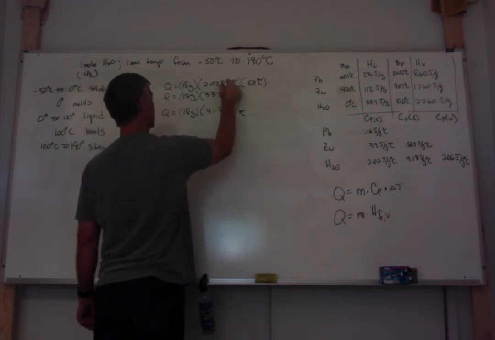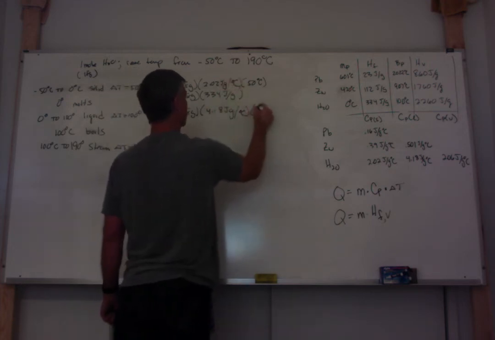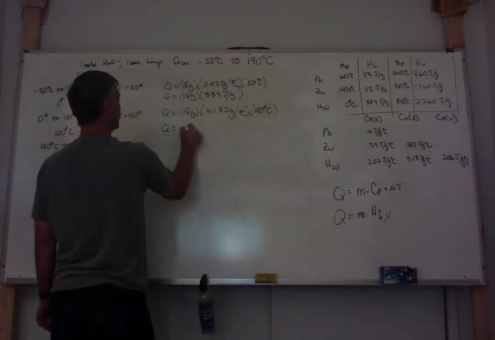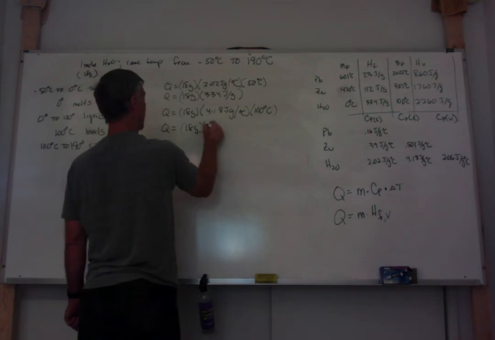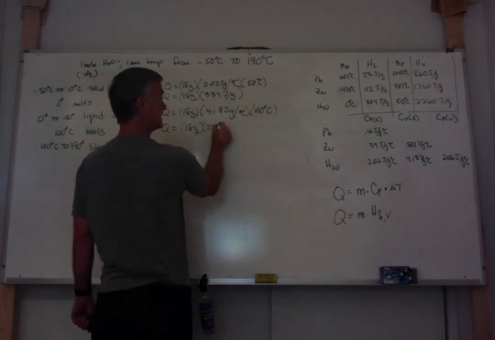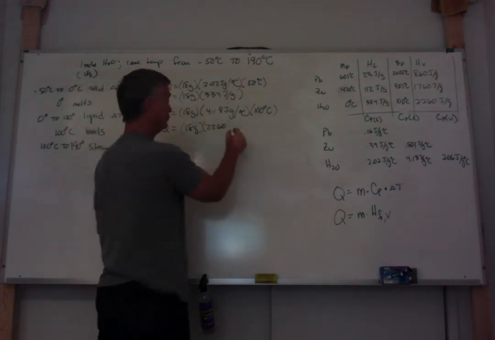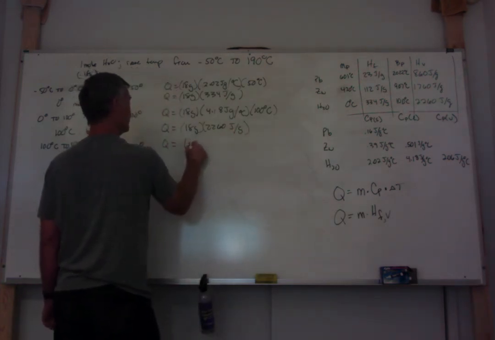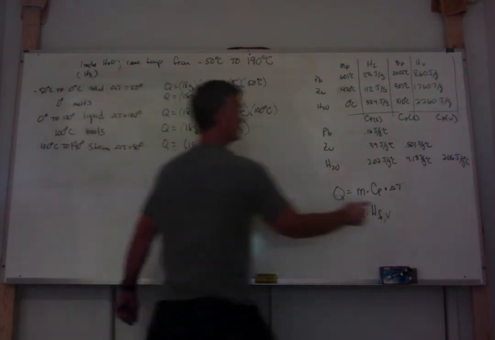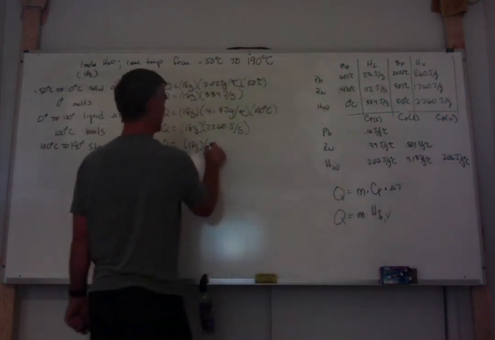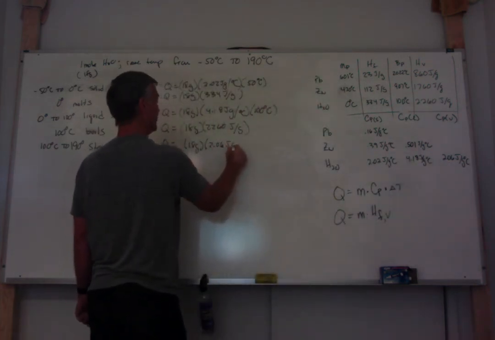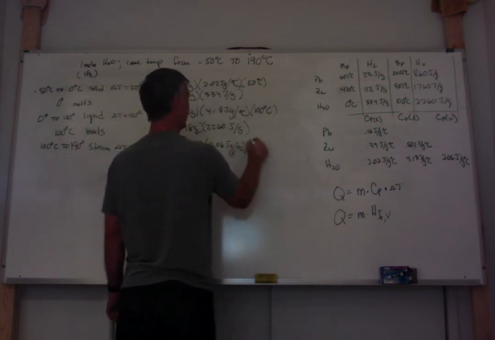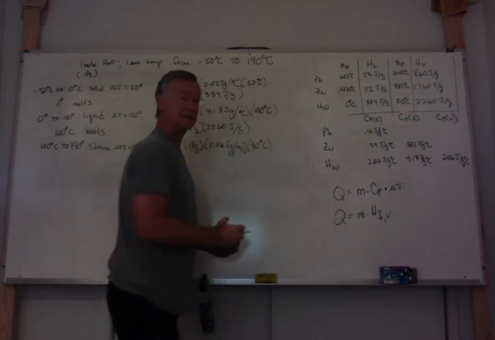It should be joules per gram degrees Celsius times 100 degrees Celsius. And then Q here is 18 grams times 2,260 joules per gram. And finally, 18 grams times 2.06 joules per gram degrees Celsius, and that went up 90 degrees Celsius.